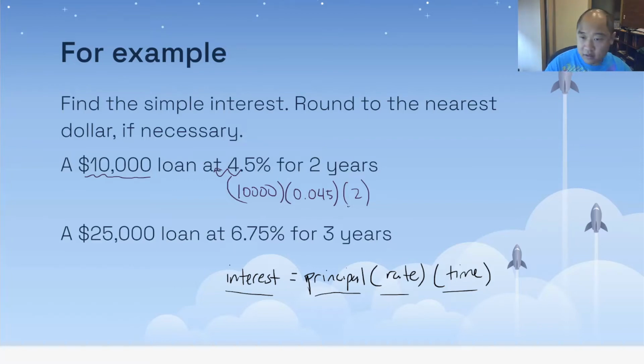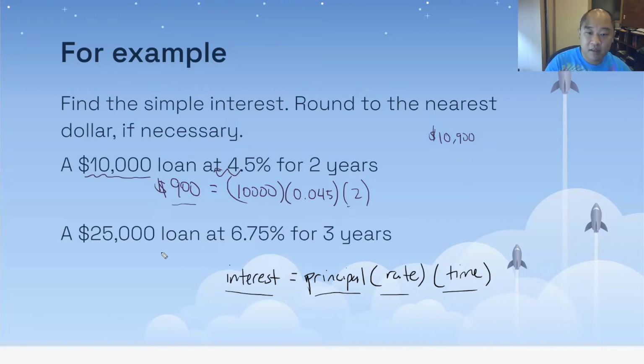So those things multiplied together is equal to $900. So this is the amount of interest. So when you pay back the loan, you're going to pay back your $10,000 that you borrowed plus $900. So this loan is going to cost you $900. You'll pay back $10,900.